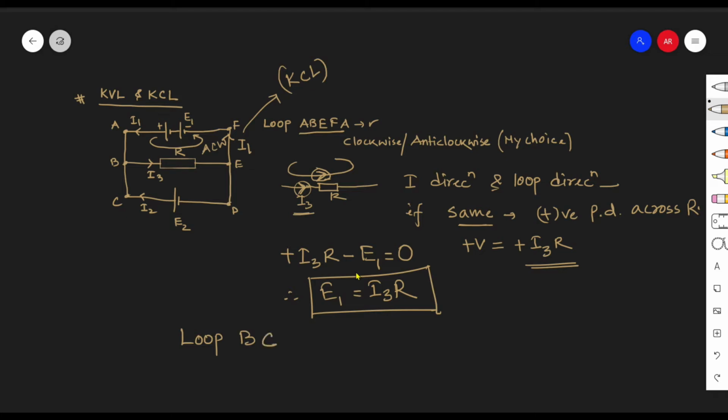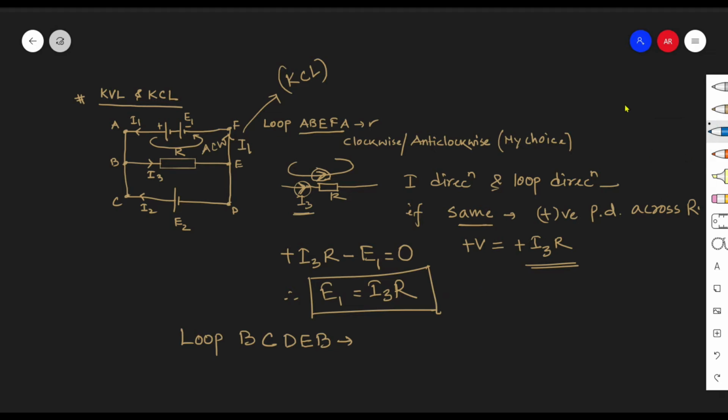Now if we look at the second loop, the loop right here, B, C, D, E, B. This is the second loop, the lower loop.